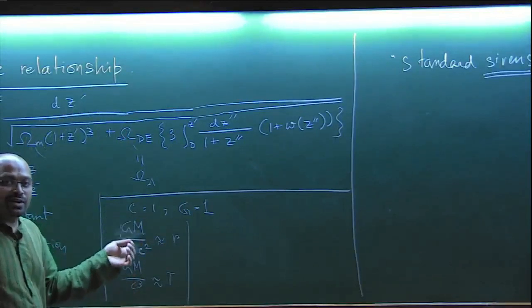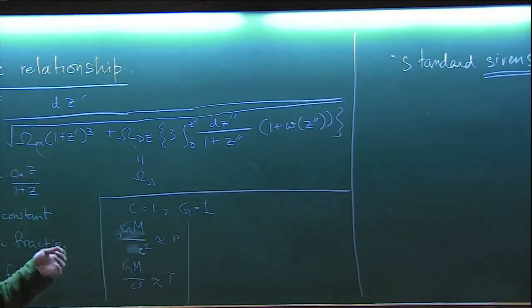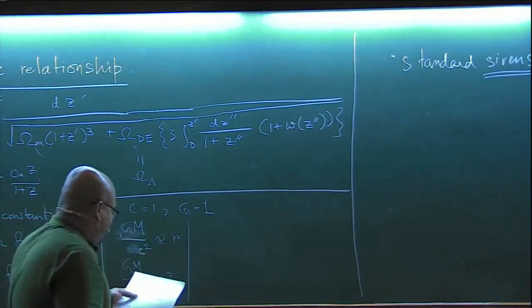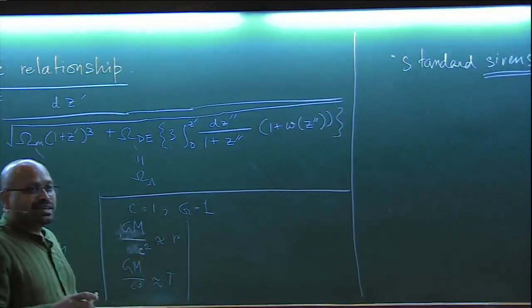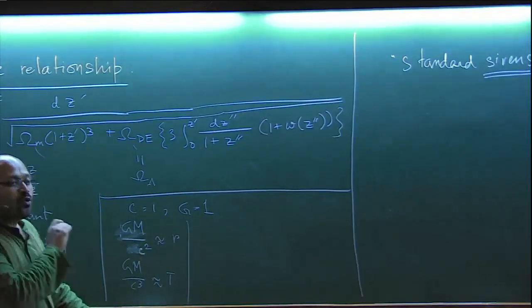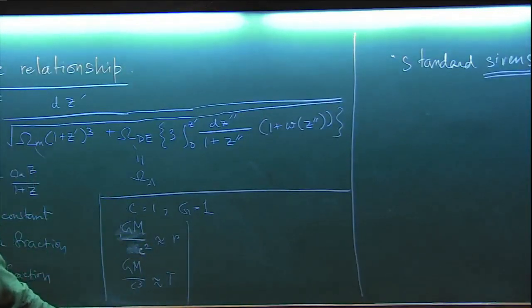There's no way of distinguishing between gravitational redshift and cosmological redshift. That comes directly from the equivalence principle. This is only for systems that are black holes. So for black hole systems, there's no way to measure the cosmological redshift because it is degenerate with the total mass of the system.